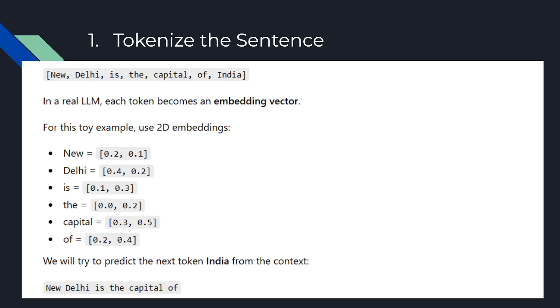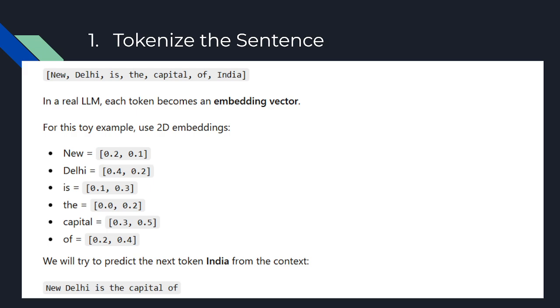And sometimes a word, for example "capitalized", can be broken into "capital" and "ized". That's how the embeddings work. Embedding is basically converting the textual information, which is in string format, into some number format. That's what it means to convert the text into tokens.